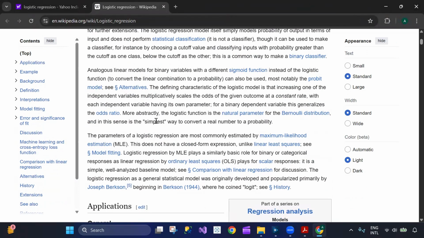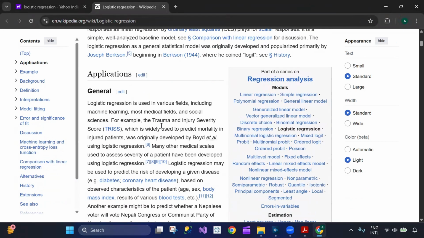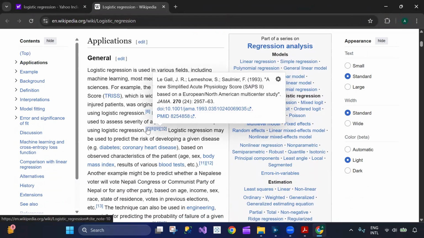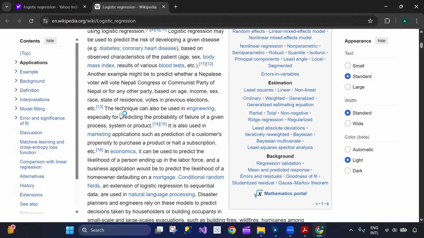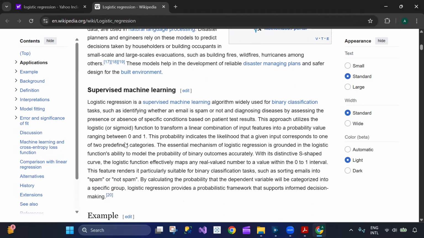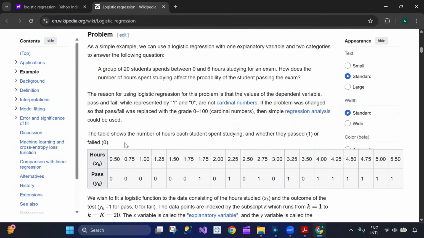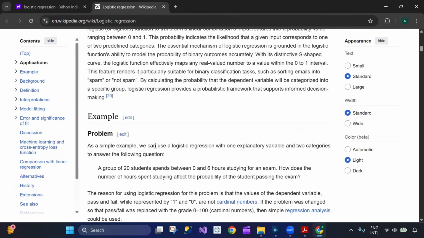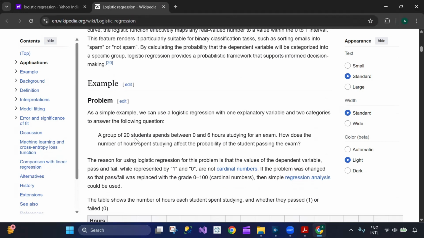We understand that, so you don't have to go in depth. You need to understand the basics. If you are coming from a data science background, you will know what logistic regression is and what problem statement we can use it for, with one explanatory variable and two categories to answer the following question.